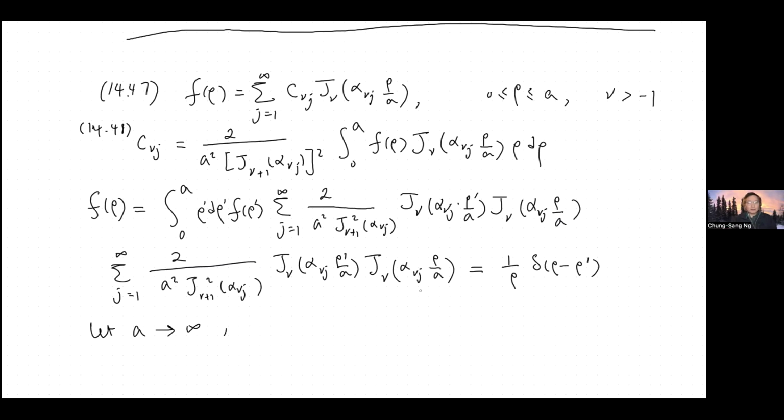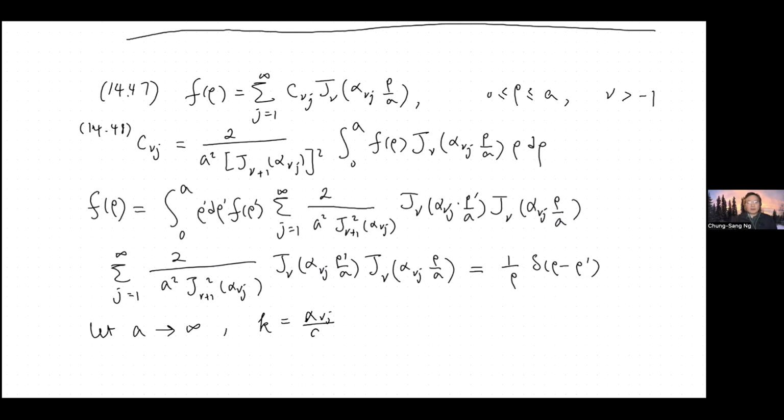Say we define it like this, this coefficient k. We can define alpha k equal to alpha sub nu j divided by a, right?